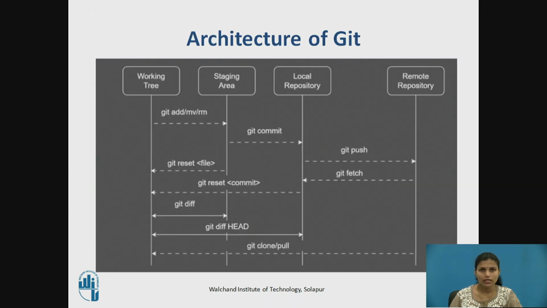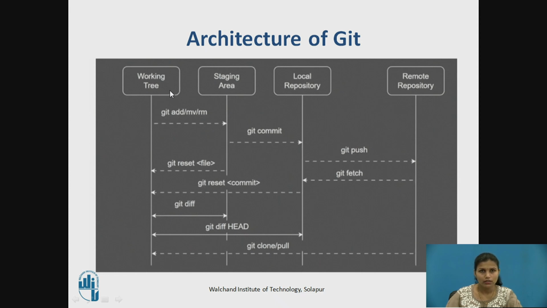As you can see in this diagram, it's the architecture of Git. Git is a local repository. It consists of three different stages. The first one is the working directory, the second one is the staging area, and the third one is the local repository. Once you have added code into the working directory, the working tree, it is called untracked files of code.